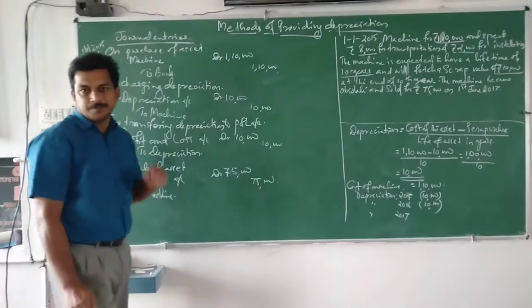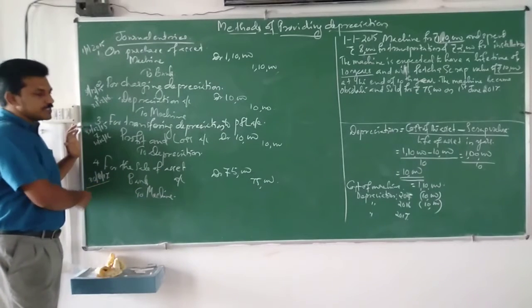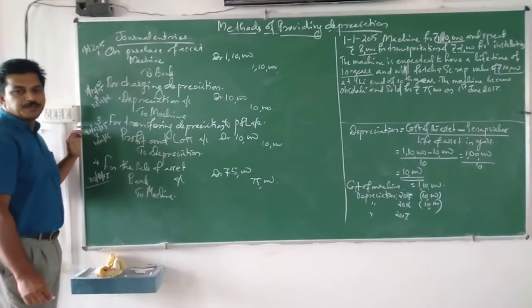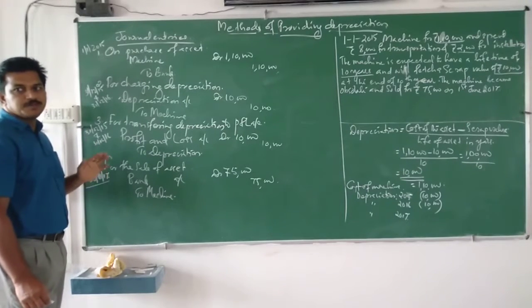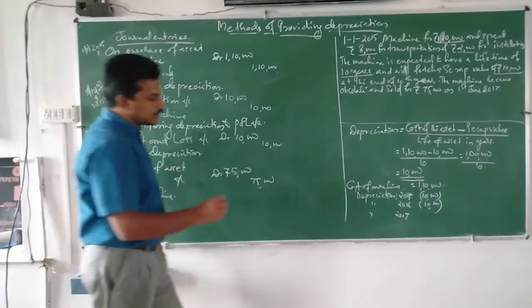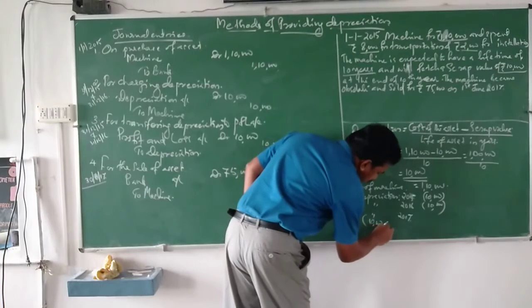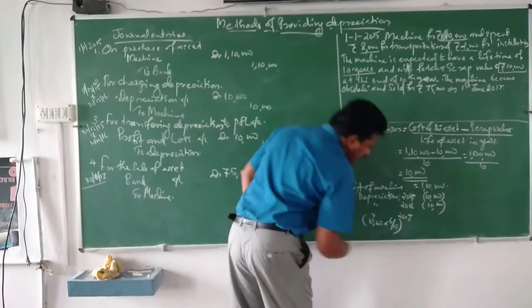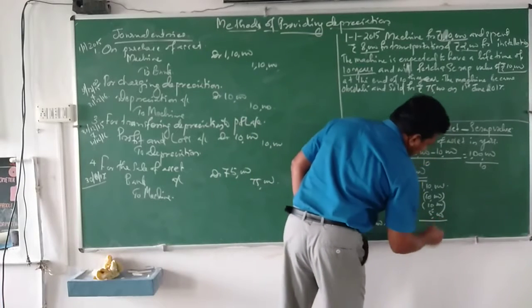In 2017 the machine is being sold after 6 months, so depreciation for half year is to be calculated. That means it is there in the business for 6 months. So for 2017 we can write 10,000 into 6 by 12. That means 5,000 is to be deducted.